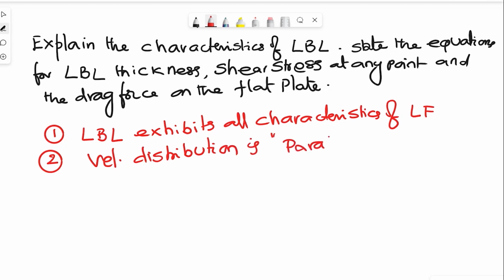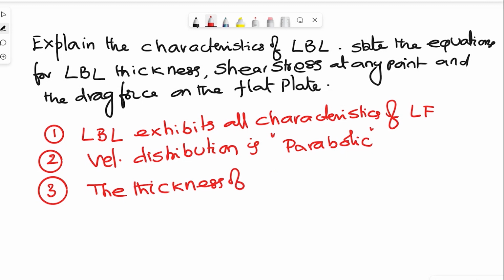It is parabolic. Thickness of the boundary layer is proportional to root x. That is, the thickness delta is proportional to x to the power of half.